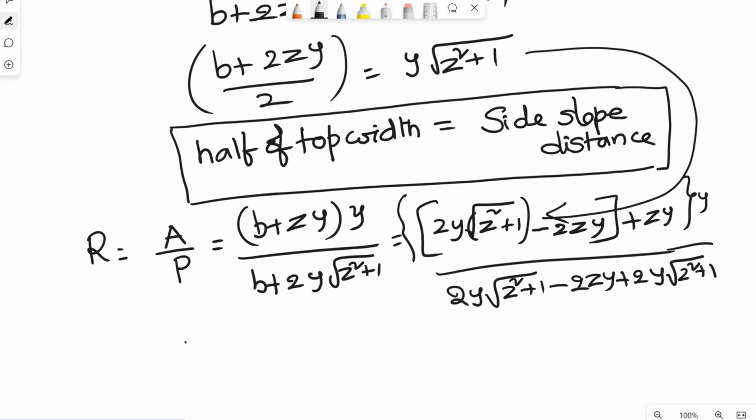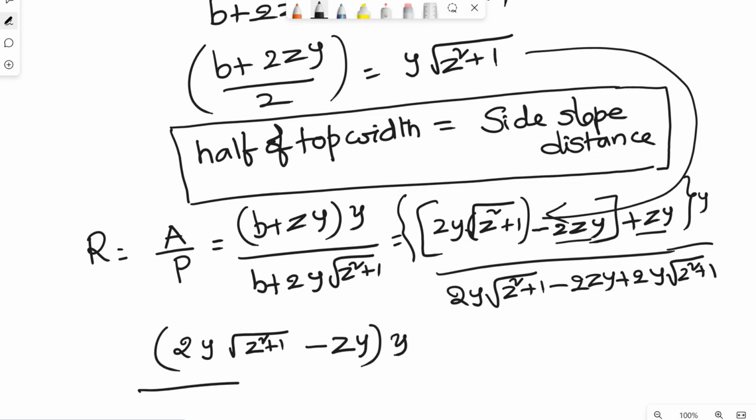So I can write 2y into square root of z square plus 1 minus 2zy plus zy, so minus zy into y, divided by 2 into, here it is 2y square root of z square plus 1 minus zy.